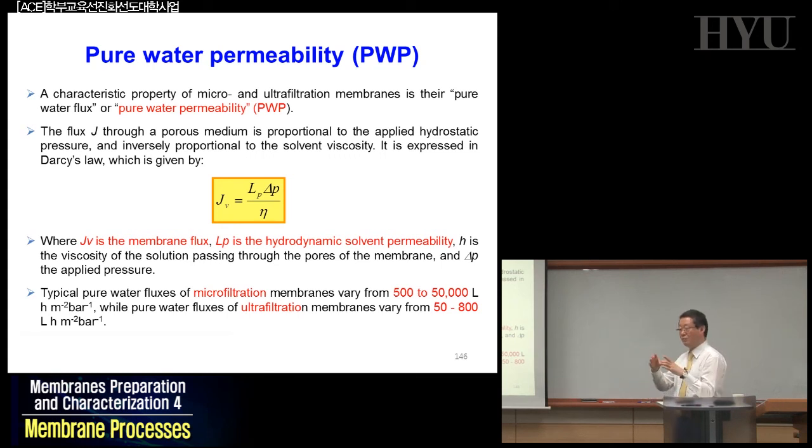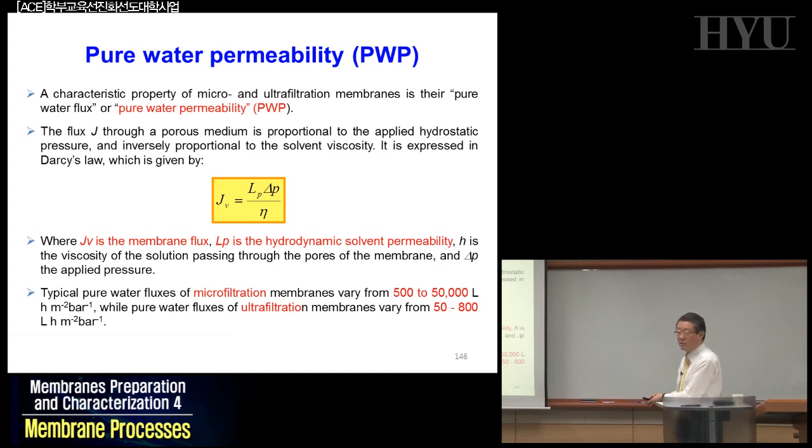For the same membrane, if you apply high pressure, it will induce a high flux. So flux is not dependent upon the membrane itself, but on the applied pressure. Flux is a function of pressure, and it's related to your permeability. We call this the hydraulic permeability, and it depends, of course, on the viscosity of the liquids.